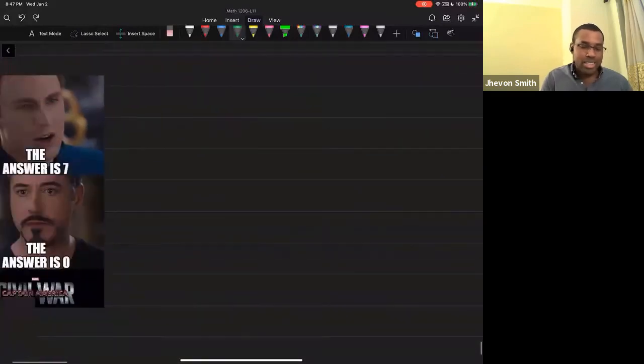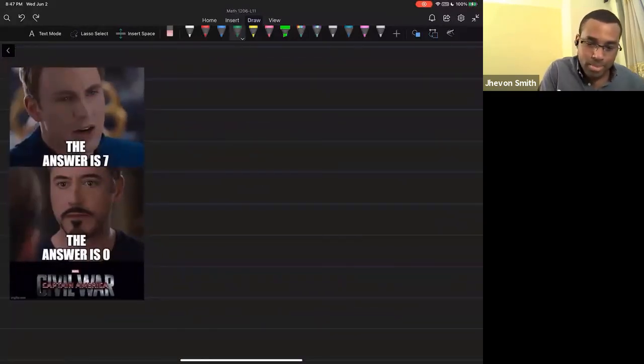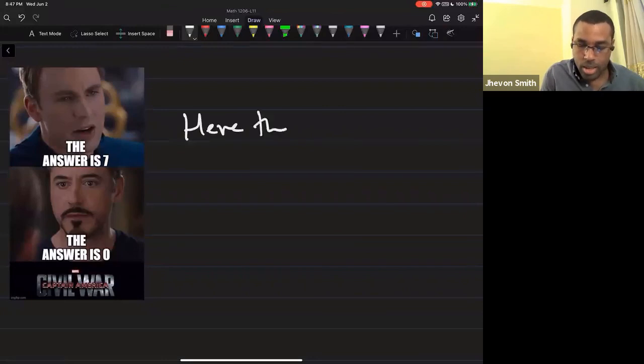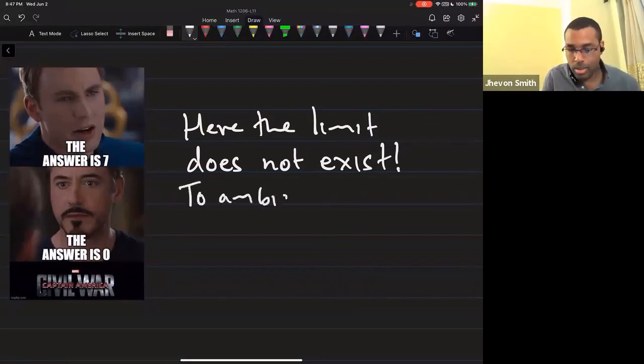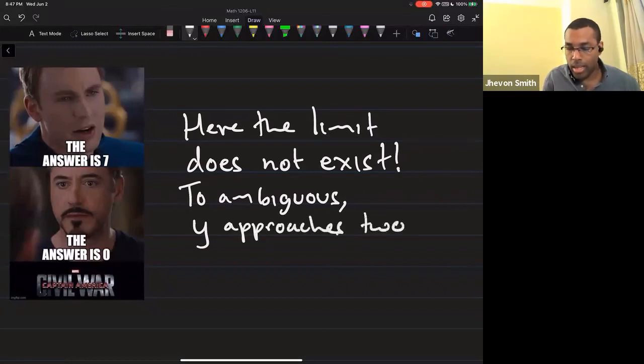So it turns out here, the limit does not exist. So you're both wrong because it's too ambiguous. Y approaches 2 values.